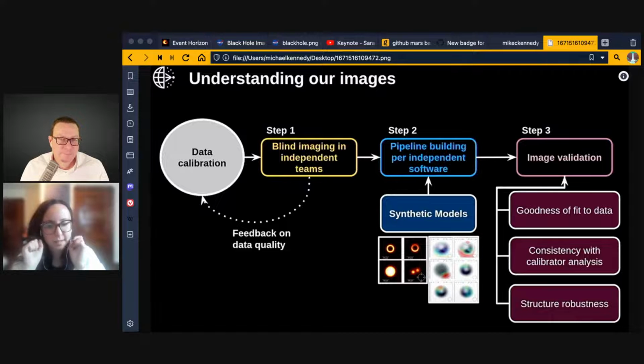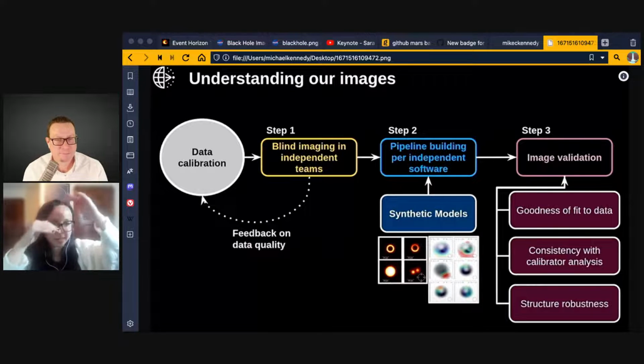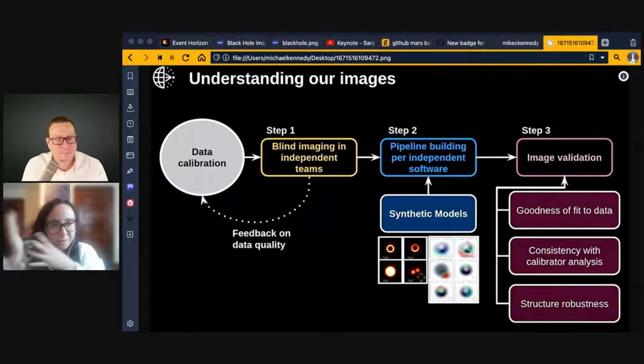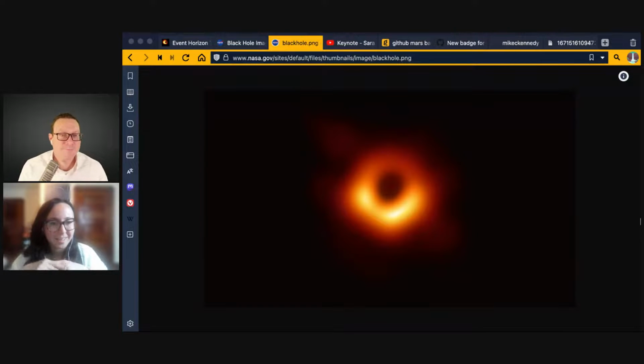Then we made our software go through thousands of combinations of these parameters and tested how well they could reproduce all four of those images. We ranked them, and number one was the best image for each software. The final image, the famous image of a black hole, is actually just the average of the three best images from the three software. And this is also only one image of the black hole. This is only April 11.